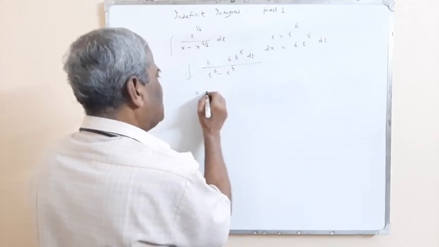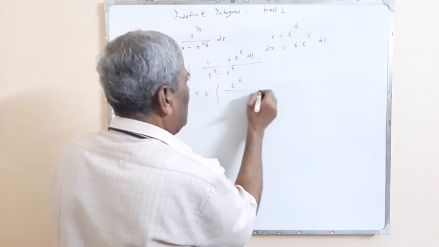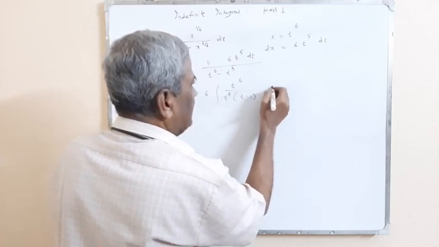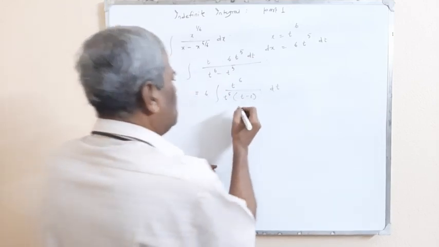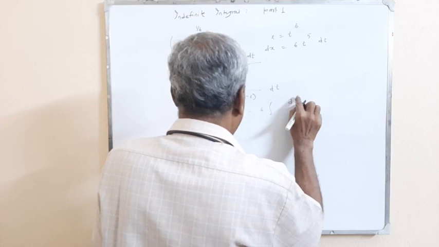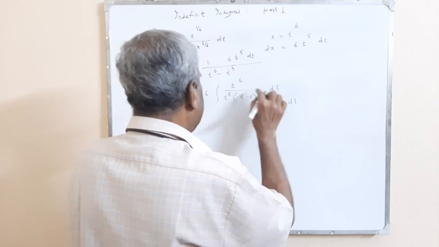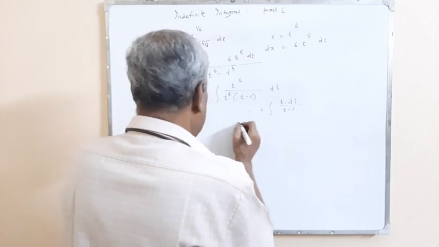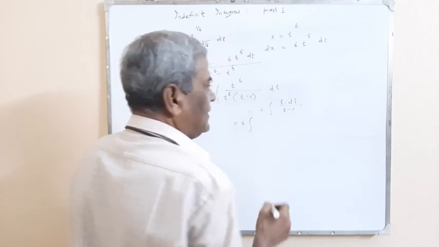So that it becomes 6, which can be taken common, into t to the power 6 by t to the power 5 into t minus 1 dt. T to the power 5 will be cancelled, so it becomes 6 into t dt by t minus 1, which is equal to, in the denominator t minus 1, and in the numerator is t.